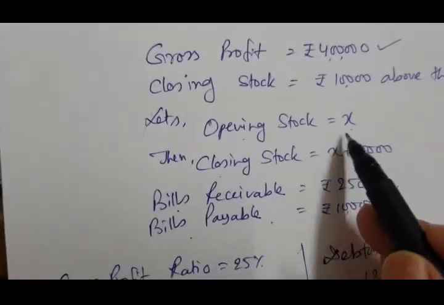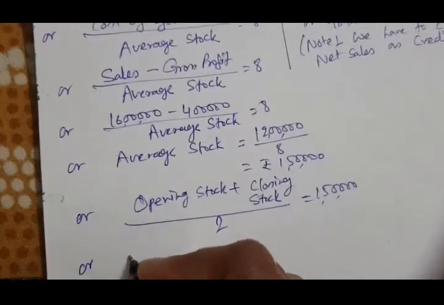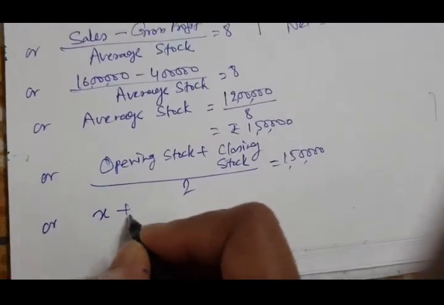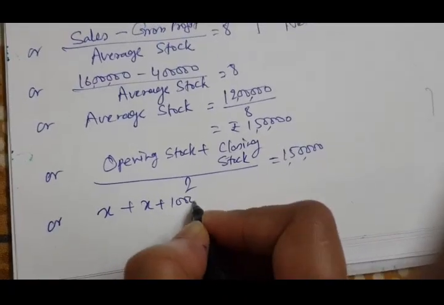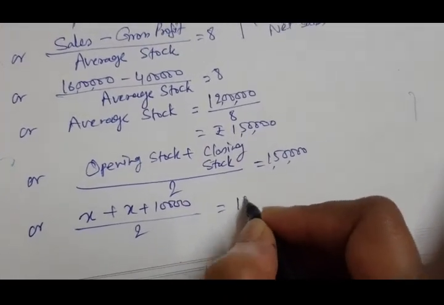Opening stock we have assumed as X and closing stock as X plus 10,000. So let me write it. X plus X plus 10,000 divided by 2 is 1,50,000.